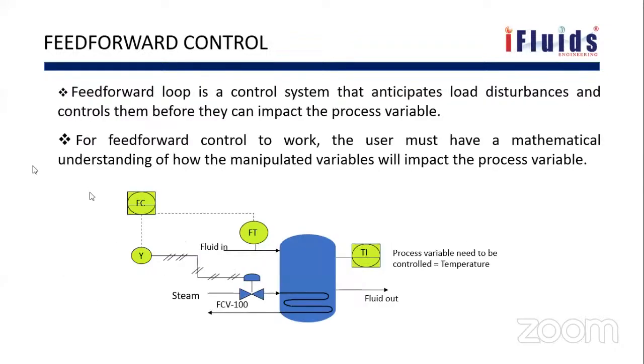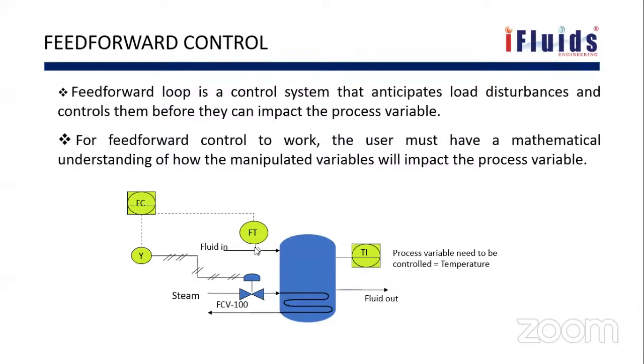Here it is very simple because we have only one fluid. There may be multiple fluids coming in, and we cannot take and control every fluid. So at that time, we'll measure the maximum flow or the maximum disturbance variable and control it. So the effect of other things will be negligible.